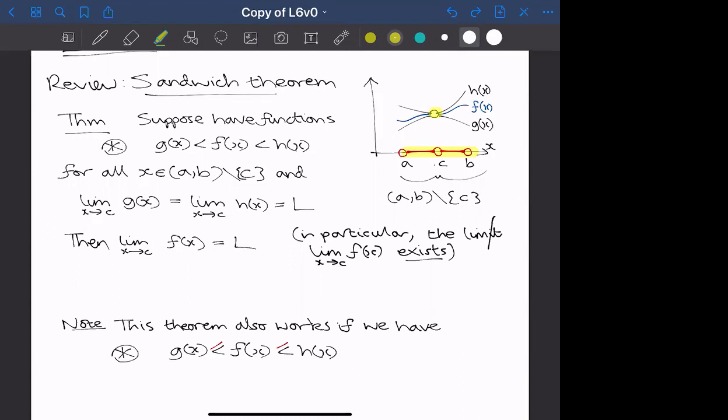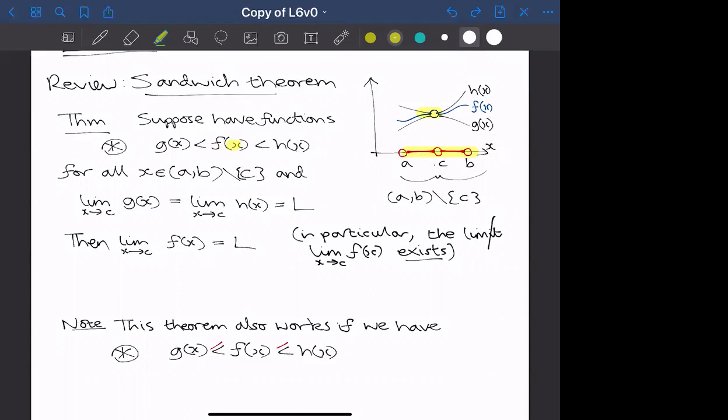But even if it is not defined at that point, it may have a limit. And this theorem tells us about that limit for a function f of x, which we know is sandwiched between two other functions, g and h.